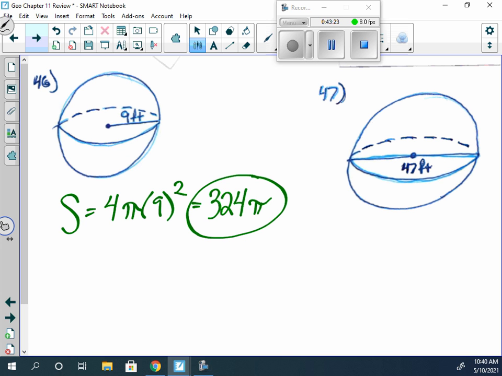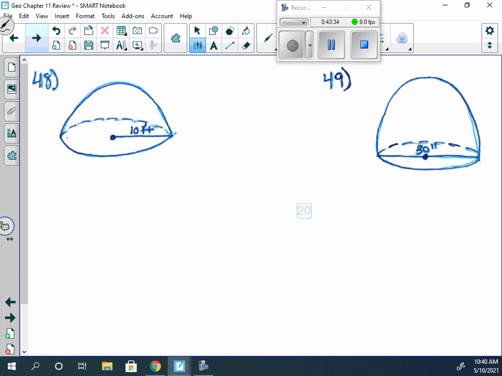Any questions on these so far? Would it be helpful to have the formulas written down? So for a hemisphere, surface area is going to equal 3 pi times 10 squared.